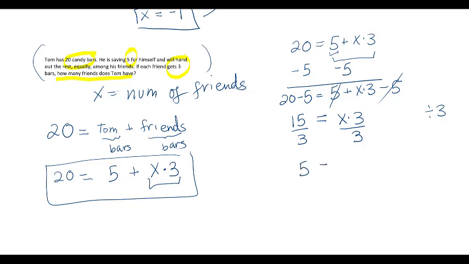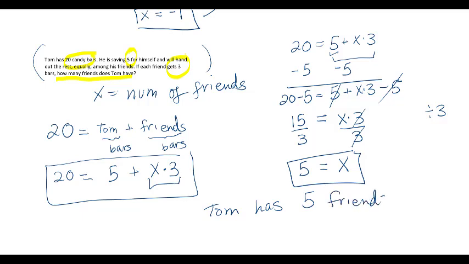It's 5, right? And that equals x times 3 divided by 3. 3 and 3 cancel, right? They could subtract, and we get x equals 5. So Tom has 5 friends. Okay, and we can check this by inserting it back into our main equation.